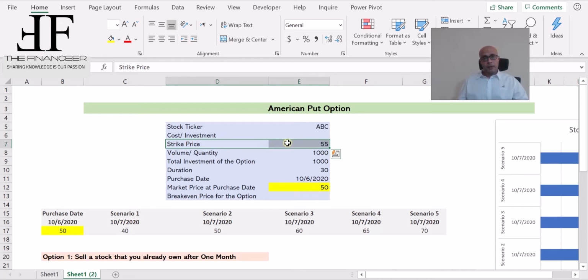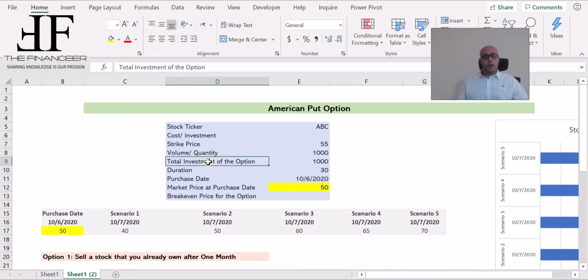Strike price means that if you would like to exercise the option and sell your stock, by exercising this put option you are going to receive $55 from the other party, which is the writer. Assume also that you determine the quantity in this put option to be 1,000 shares of stock of the company called ABC.